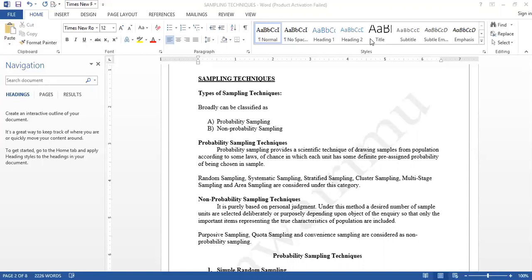Therefore, an element of a probability value is attached to this particular technique. As we look at this, we'll have the following methods, which fall under the sampling techniques.